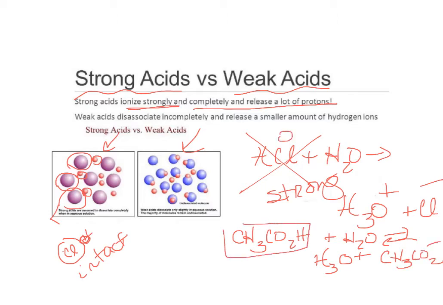Whereas there was 0 of the intact strong acid left, there might be as much as like 99% of the original intact acid if you're dealing with a weak acid. So this second image represents a weak acid because you can see that there are still quite a few of the original intact acid molecules and only a few of the individual ions.